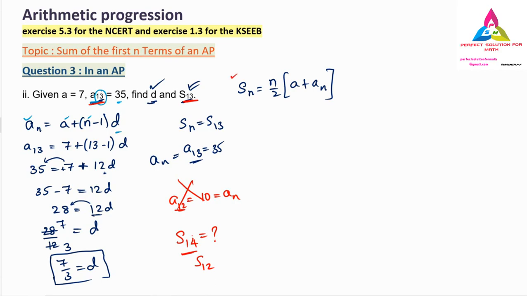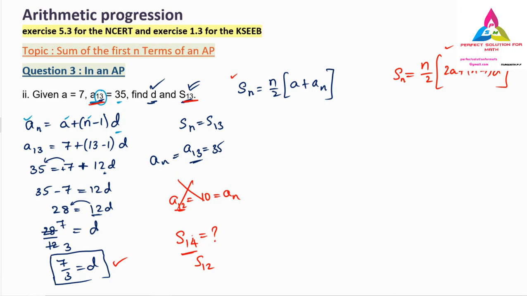Or if you are getting confused, you can go for Sn equal to n by 2 into 2a plus n minus 1 into d. This formula is also possible, but in most cases we will not go for this type of formula, because here you can see the d value is not an integer, it is a fraction.